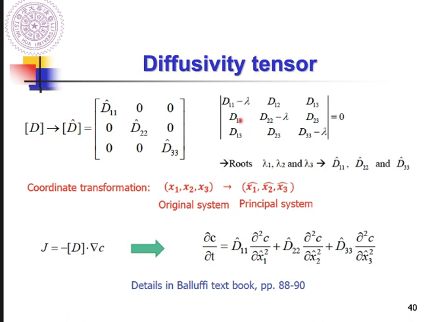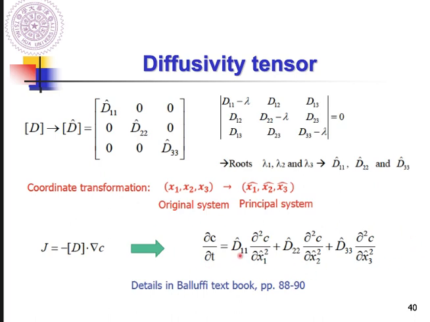Even though you have a 3 times 3 diffusivity tensor, as long as you find the eigenvalues of this diffusivity tensor, you get lambda 1, lambda 2, and lambda 3. Then you can convert the coordinates from the original system to the principal system, and the diffusivity becomes D11 hat, D22 hat, and D33 hat. So you can simplify your diffusivity and get the simplified expression.